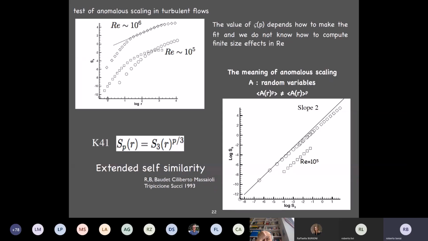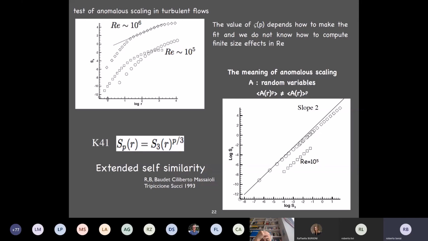Assuming that the finite size effects are relatively small with respect to this evaluation of anomaly, so that the finite size effect in this quantity and the finite size effect in this quantity are, roughly speaking, of the same order of magnitude, at least when the Reynolds number is not too large, then you can immediately derive whether or not there is an anomalous scaling by looking at this relation, which is the one predicted by Kolmogorov.